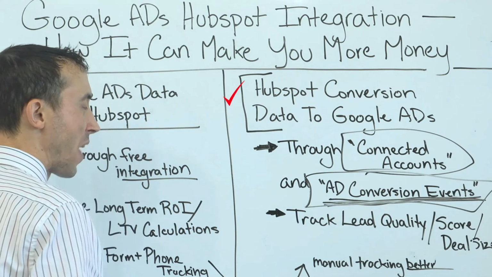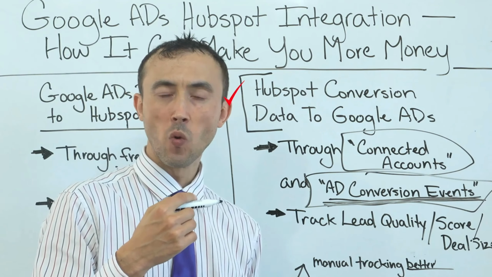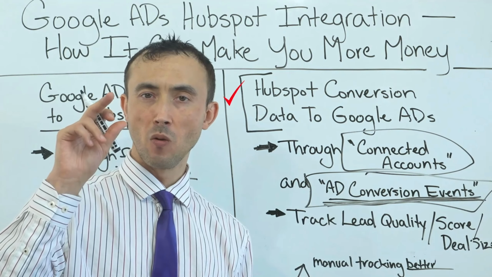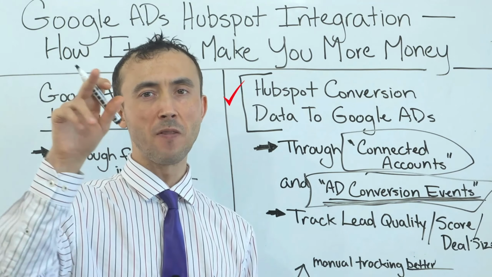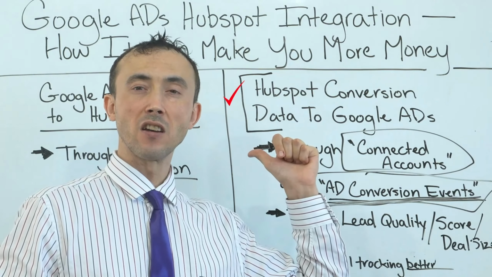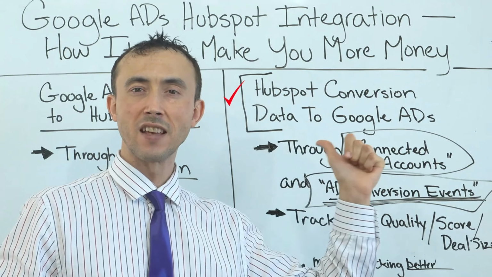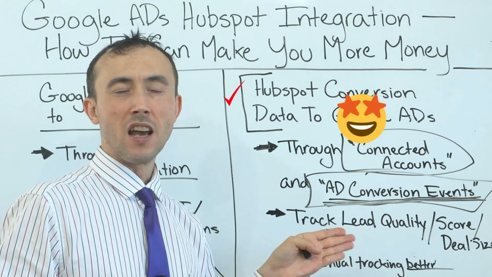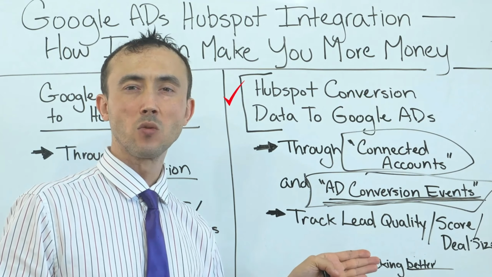And once this is set up, every single time your sales staff makes the lead score a 5 out of 10, you trigger that conversion in Google Ads that you set up for that exact event.